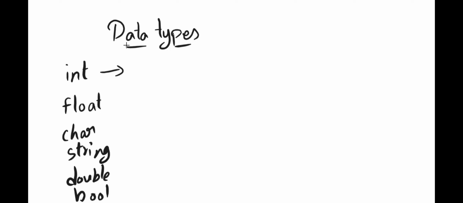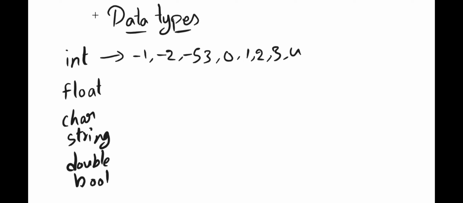Coming to integer, in an integer we store only integer values like -1, -2, -53, or 0, and all the positive values. In integers, we will not be storing any decimal values.